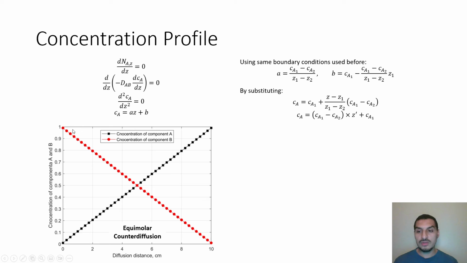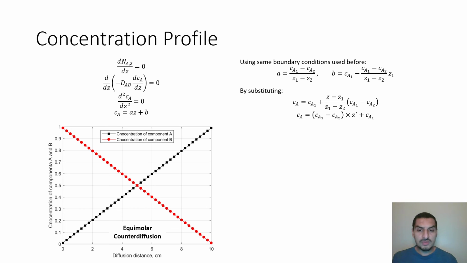If I start with 100%, or a mole fraction, I mean concentration, of 1 for A, and for B from here, then it's going to be linear until the distance is done, and the opposite for A. So you have a linear relation for A and for B. This is the concentration profile. This is different from the case of the unidirectional flow where it was curved.